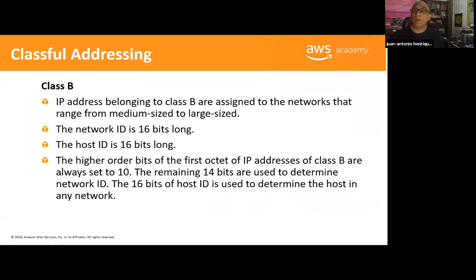Class B, we saw that already. It uses 16 bits for the network and 16 bits for the host. The rule for Class B addresses is that the first 2 bits of a Class B address are always set to 10. So then you have 14 bits that are really used to determine the network ID.